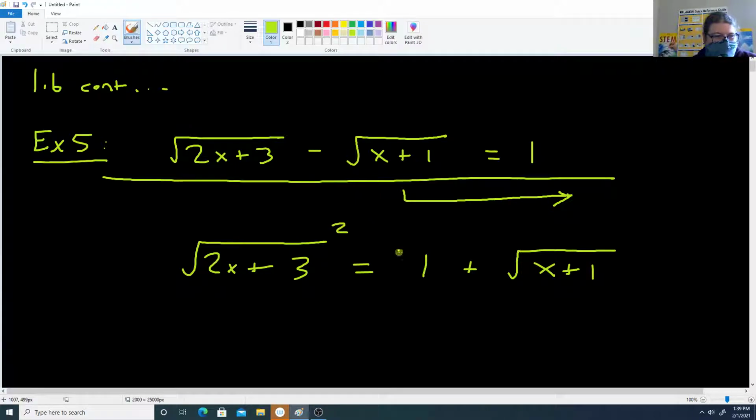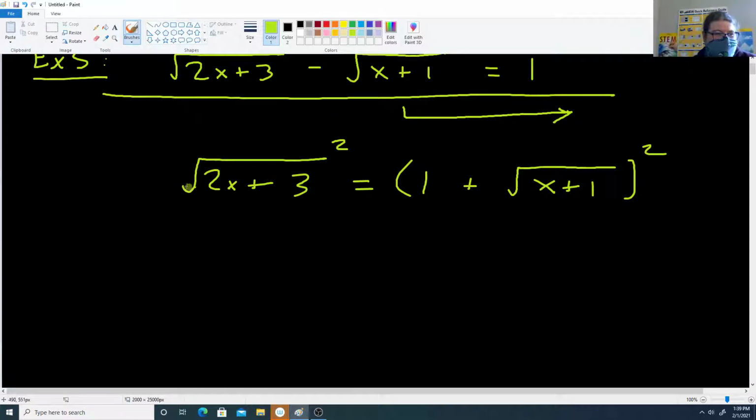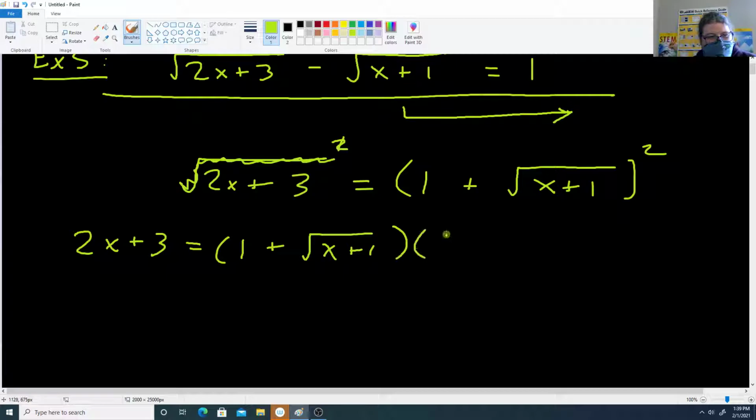So we're going to square both sides of the equation. When we square the left-hand side, the square is going to undo the square root, and we'll just be left with 2x plus 3. When we square the right-hand side, though, we're going to have to multiply this term by itself, which is going to require FOIL.